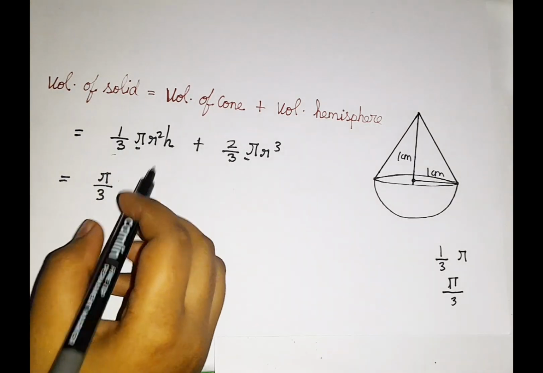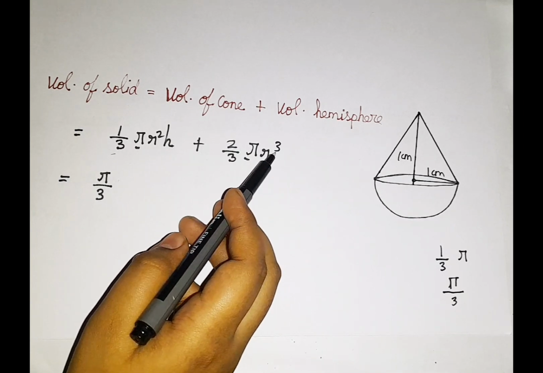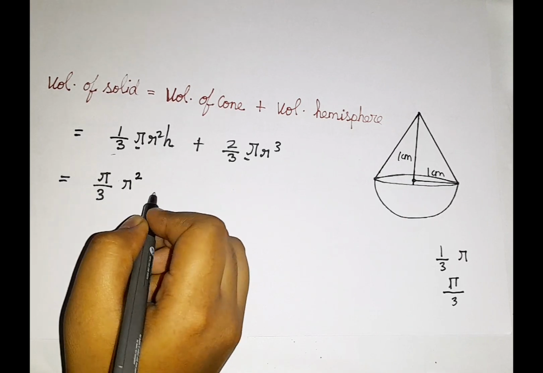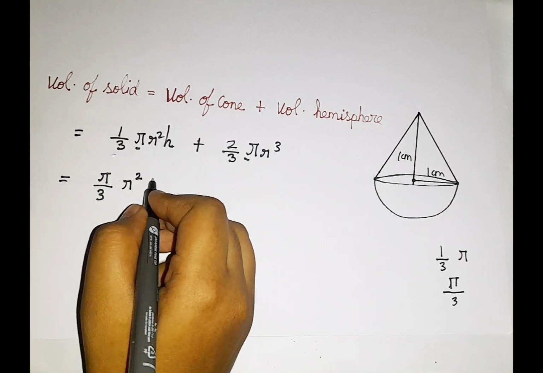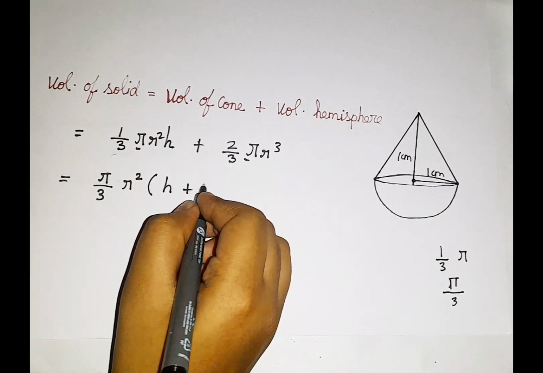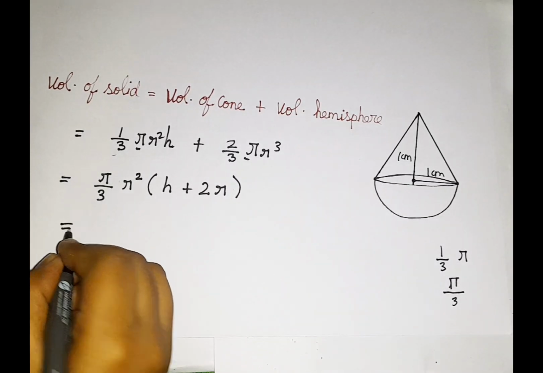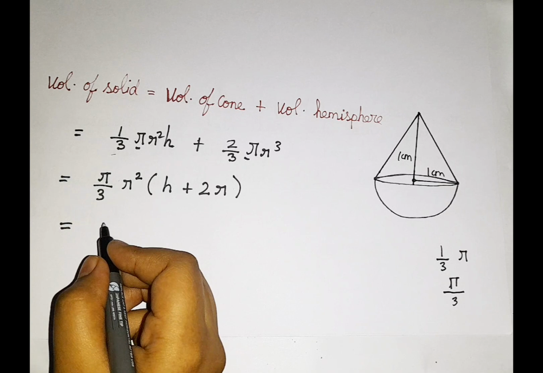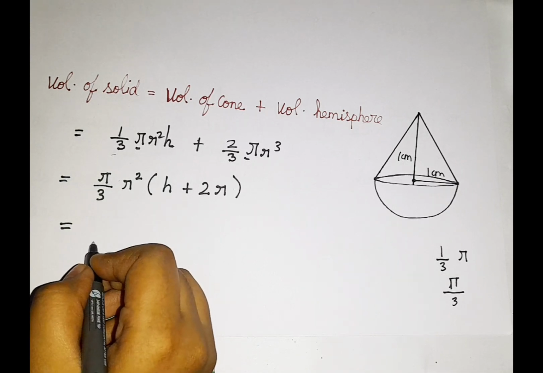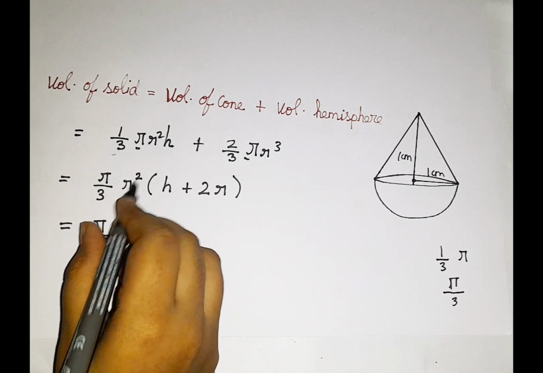Now here I have r square and here I have r cube. So here I can take r square as common, because here also I have r square. Then I don't have anything as common, so I can write h, plus, and here it is 2, and then here we have one more r. I just wrote it as it is. We are not supposed to substitute the pi value, so no need to do that. So here pi by 3 we write as it is, and then r square.